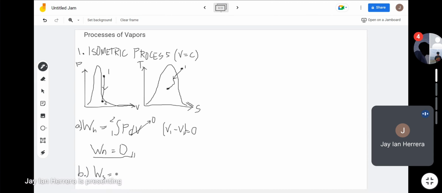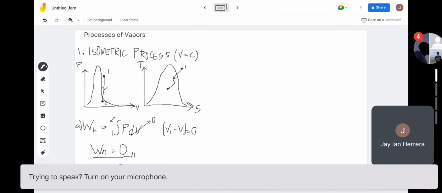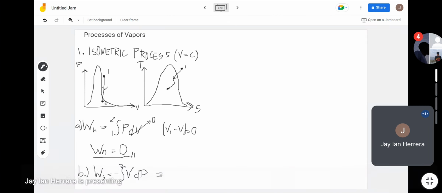Work steady flow is same lang din. So negative integral of v dP. So simply, pag distribute natin si volume sa pressure, magiging ganyan lang yan.